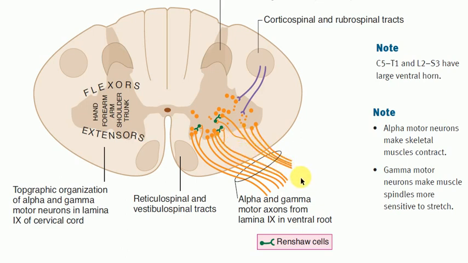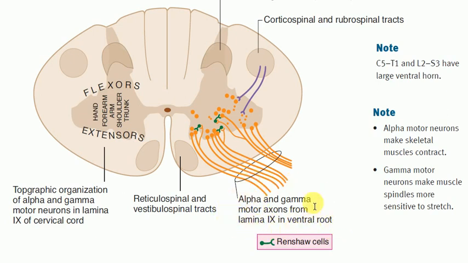So now we come to what type of neurons and cell bodies are present within the ventral horn. There are two types of neurons, the alpha and the gamma motor neurons from lamina 9 in the ventral root.